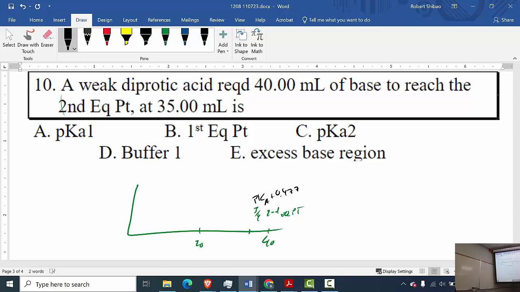And so what did I do here? Where would pKa1 show up? At 10. The first equivalence point should show up at 20, as you mentioned. Where should pKa2 show up? At 30. Buffer 1 should be between what and what?